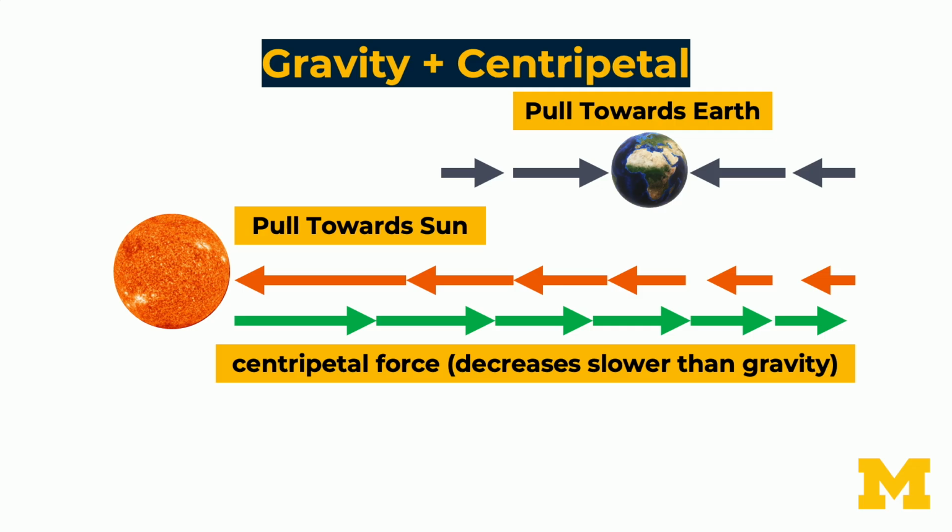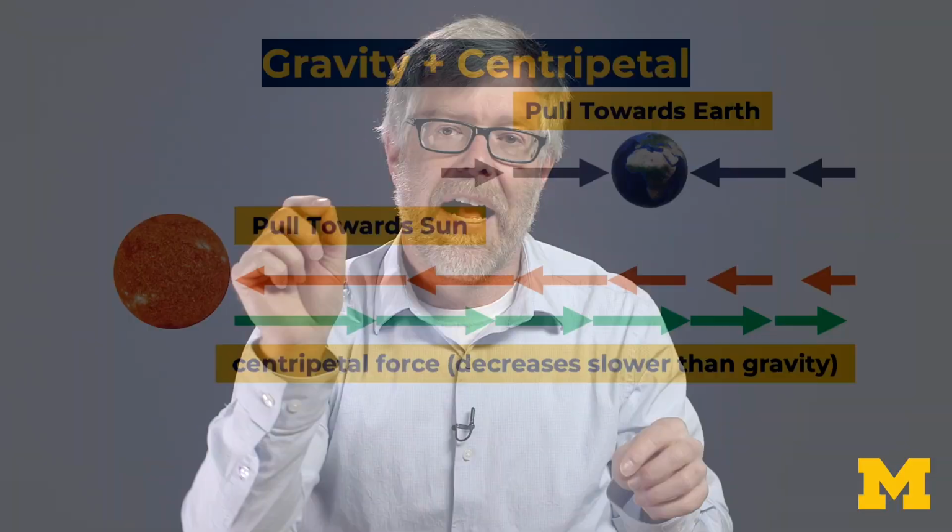So if you add those three things together, gravity towards the Earth, gravity towards the Sun, and centripetal force away from the Sun, there is a point at which those things cancel each other out. And that is defined as one of the Lagrange points. That's Lagrange point 1.